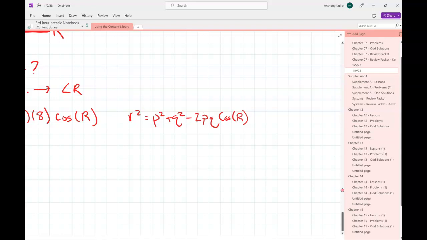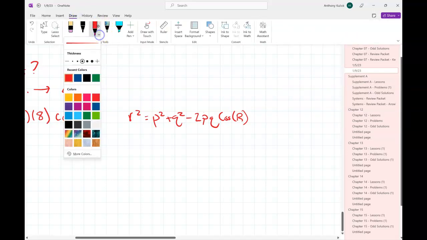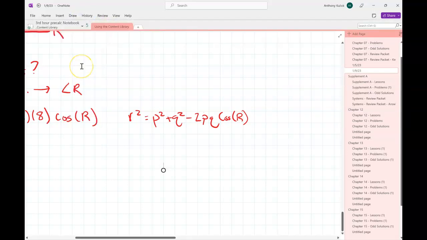Okay. So there's my law of cosines. I want to get the capital R by itself. What's the first thing I would do? Could you flip the R squared and the cosine squared?